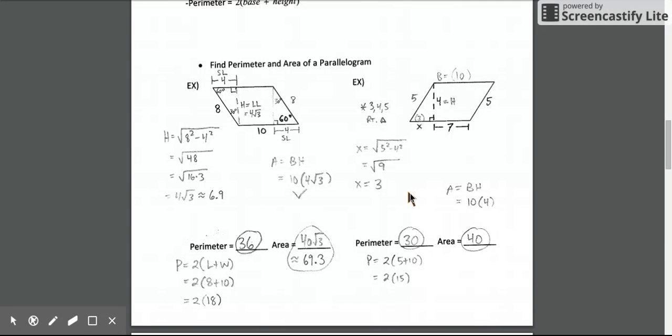The example on the right. One more time, we're given a length here of 5 and a partial length of 7 here. So if we draw our right triangle, let's try and figure out some dimensions here. We're given the height of 4. So how can we figure out some of these measurements?